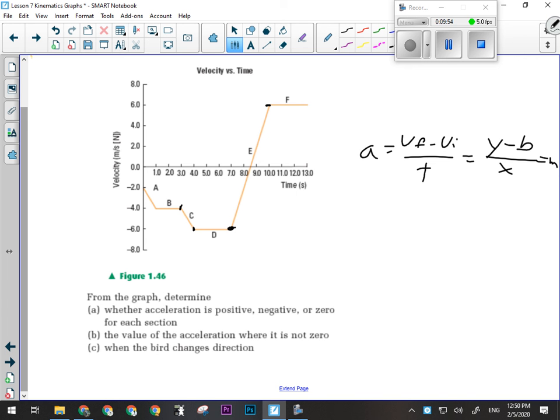It's flying backwards until there. Then its velocity becomes positive, and now the bird is flying in the other direction. Looks weird on the graph, but that's how we have to interpret it. The bird is flying backwards until 8.5 seconds. At that point, its velocity is 0, and after that, it becomes a positive value.